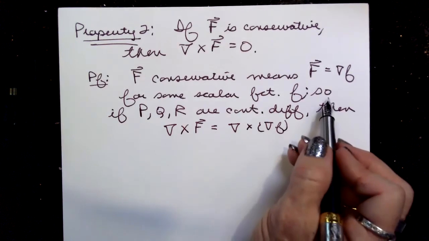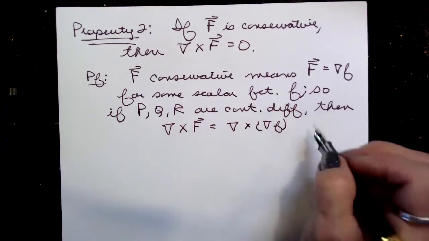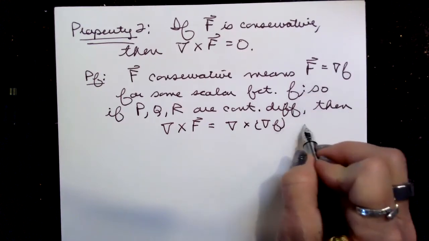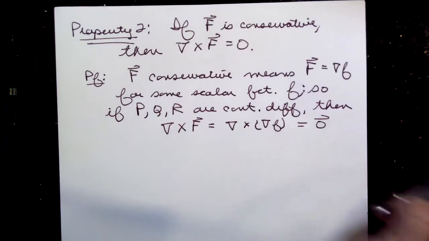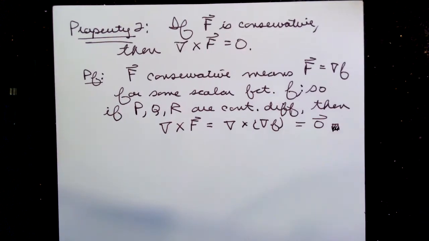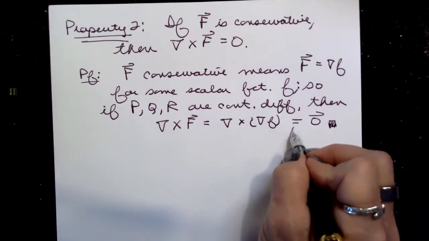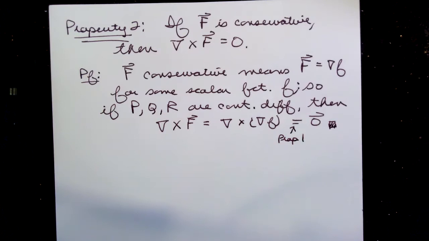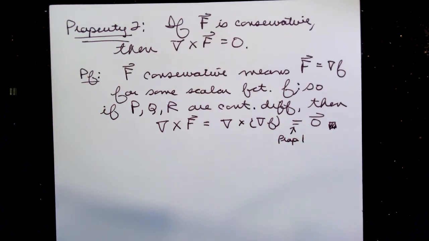And these little f's are called potentials, right? That little f is a potential for capital F. We know that already. And by the previous result, that's equal to 0. By property 1. Okay, so a conservative vector field always has curl 0.